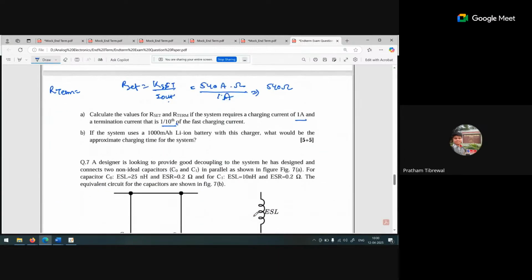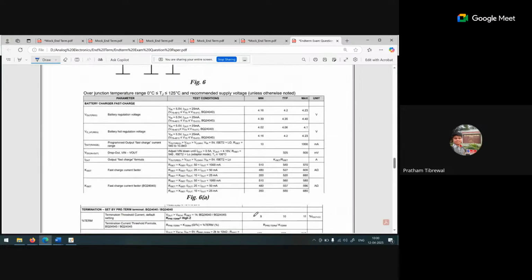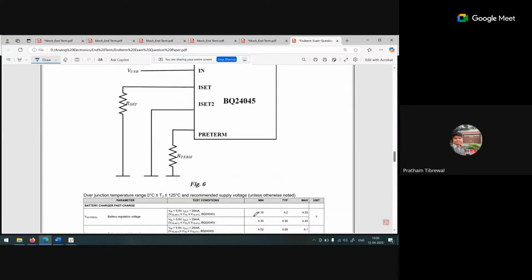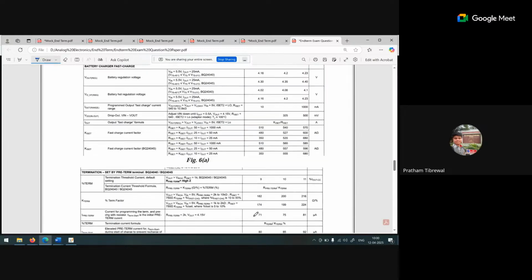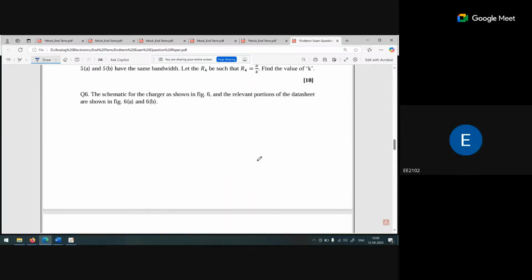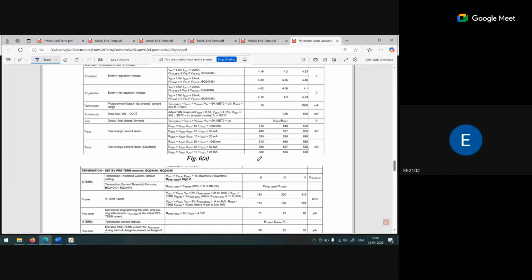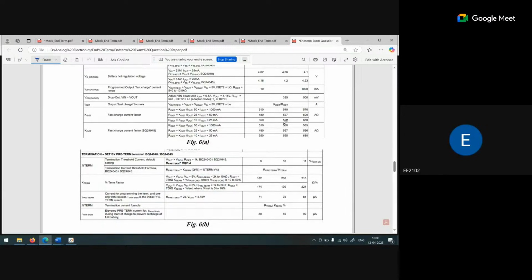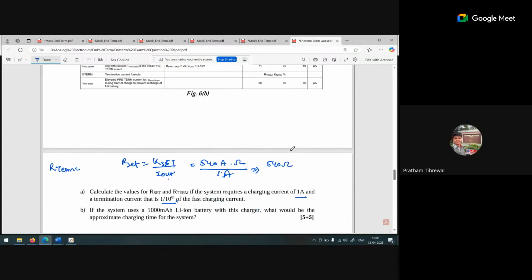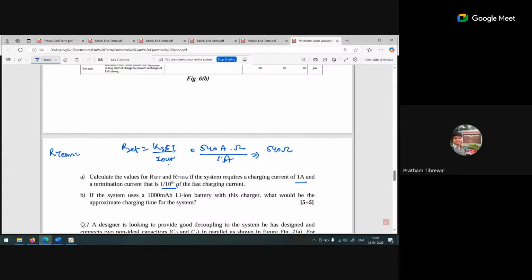So this should be 560 ohm. There are two columns given, for 24040 and 24045. Yes, for 24045 it is 560. Correct. So it is 560 ohm.